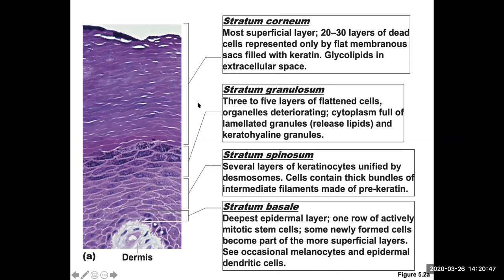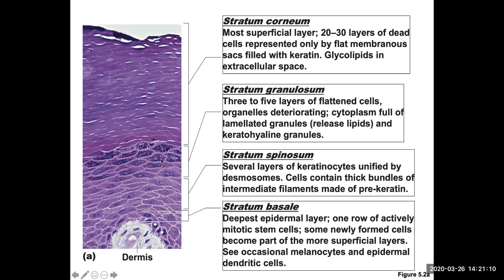But the stratum granulosum, which is directly deep to the stratum corneum in thin skin, which covers most of your body, is three to five layers of flattened cells. The organelles are deteriorating, so they're on their way to being dead, flat sacs of keratin, like in the stratum corneum.